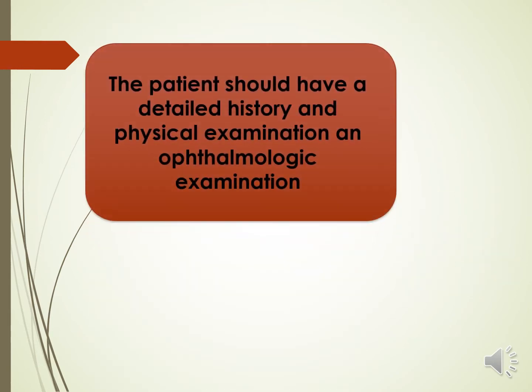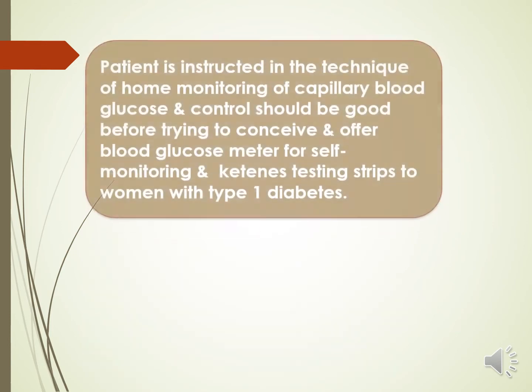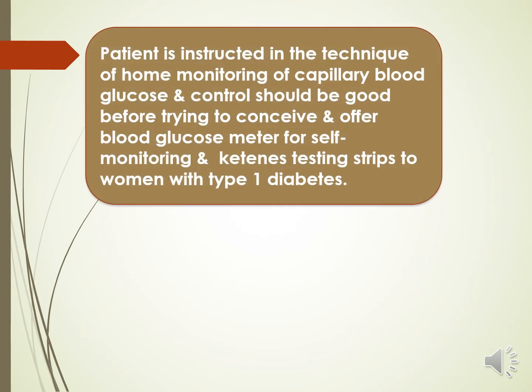The patient should have a detailed history and physical examination including ophthalmological examination, ECG for women 35 and older and smokers, and the kidneys should be checked before pregnancy. The patient should be instructed in the technique of home monitoring of capillary blood glucose, and control should be good before trying to become pregnant.